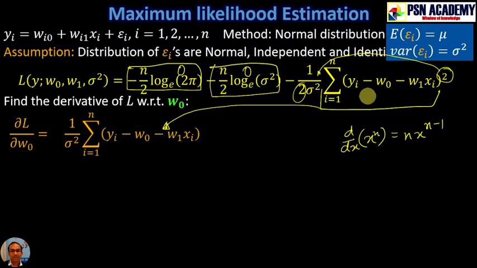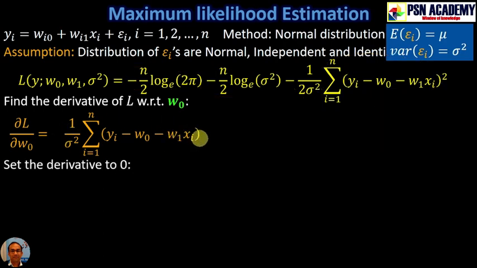And then you go for derivation of this inner part. That means this portion. Right. So this portion, you have the yi as 0, w0 as 1, and w1 xi will give you 0. So the final derivative will be this. Now you set the derivative to 0.